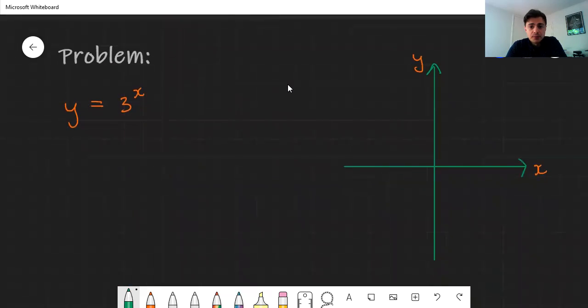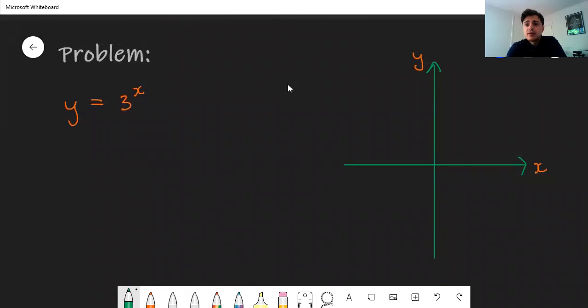So the first problem here, and again, pause the video, try and solve it yourself, see if you get the same answer as this. But I'll start now. So y is equal to 3 to the power of x. If we're trying to sketch a graph, we always want to try and find the x-intercepts and the y-intercepts first.